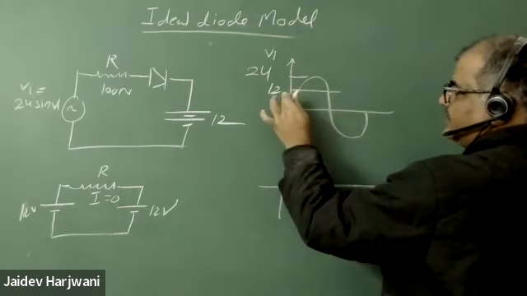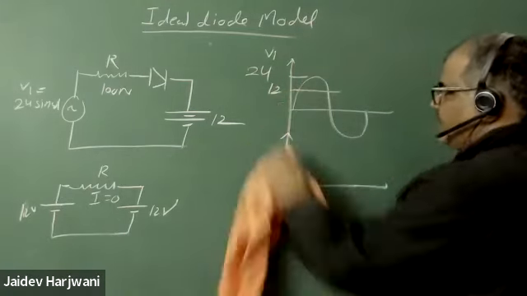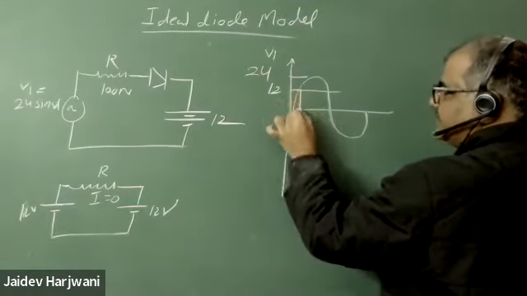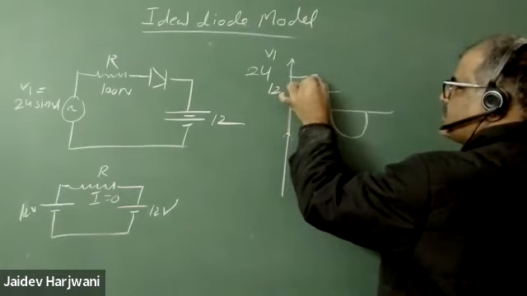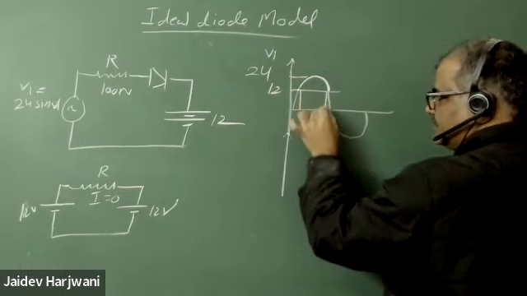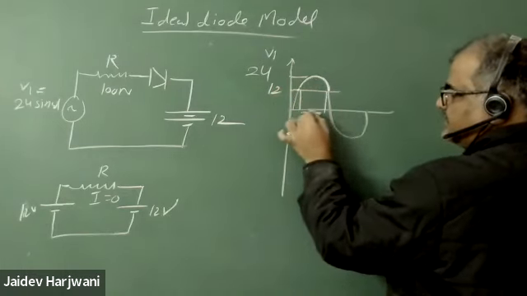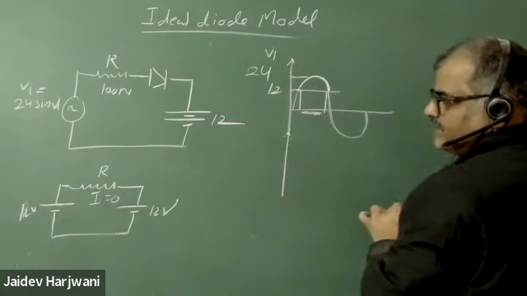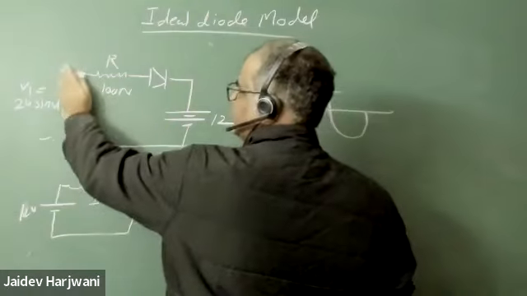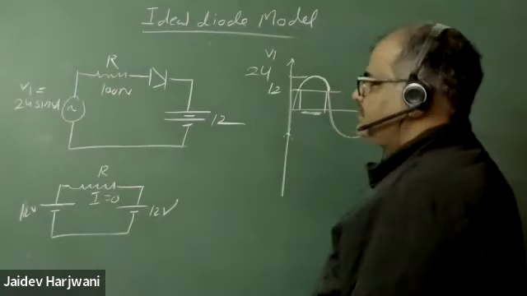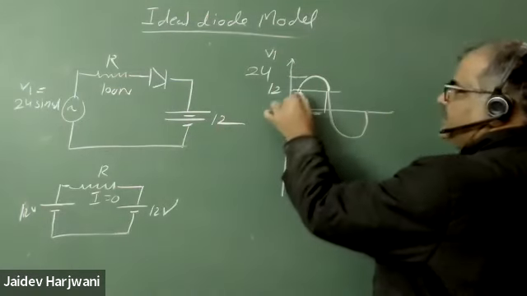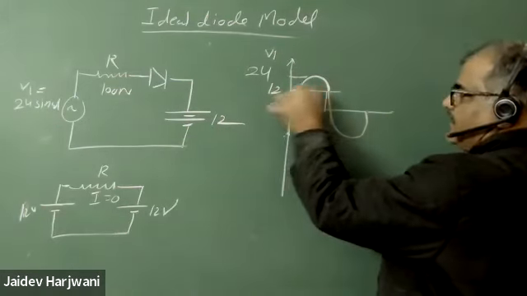Only this period, here to here, my diode will conduct. That means only this much part of the cycle the diode conducts. Sir, it is reverse bias in the other part because the 12 volt is on the other side? 12 volts, yes. Until the input is above 12, it cannot conduct.